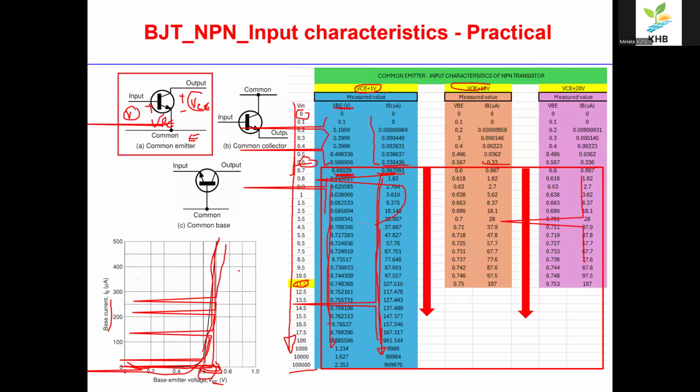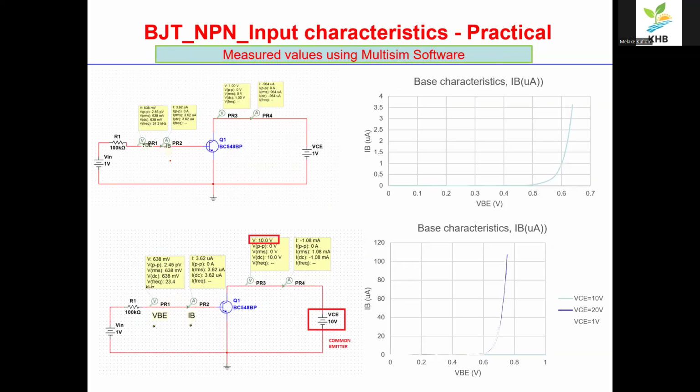As you can see, the maximum is 0.77, and above 100 volt it just draws around 1 volt, but that depends on the device. Now you can see the actual value. For example, when it's 1 volt, the VBE gives 638 millivolt or 0.63 volt.